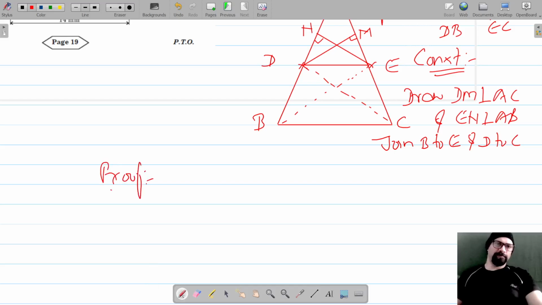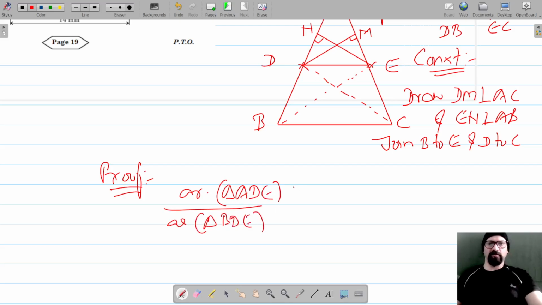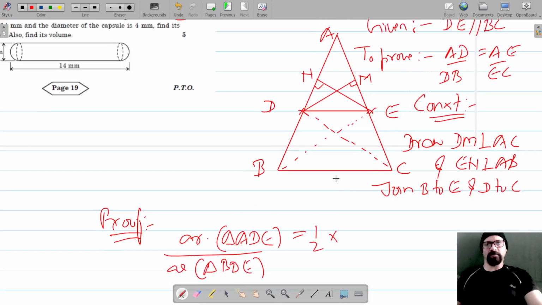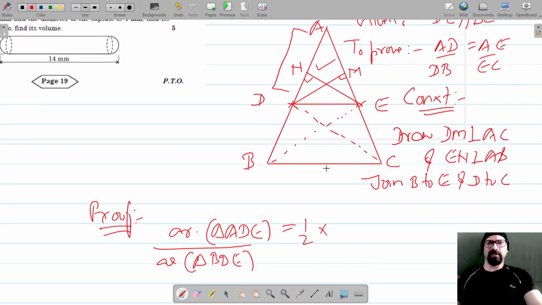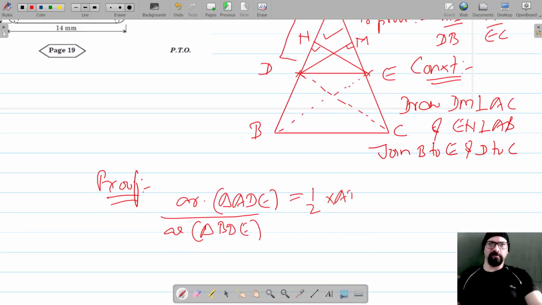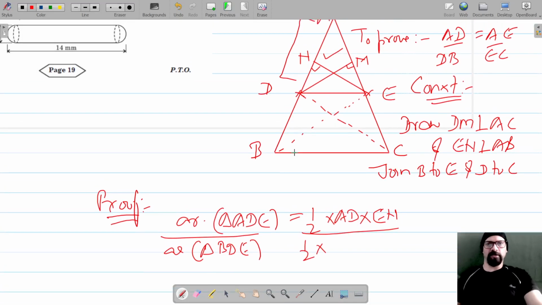Now, starting with the proof, I'm going to divide the area of triangle ADE by area of triangle BDE. So area of triangle ADE is half, and if I take AD as base, then EN is the perpendicular. So this is AD into EN upon half into area of triangle BDE.